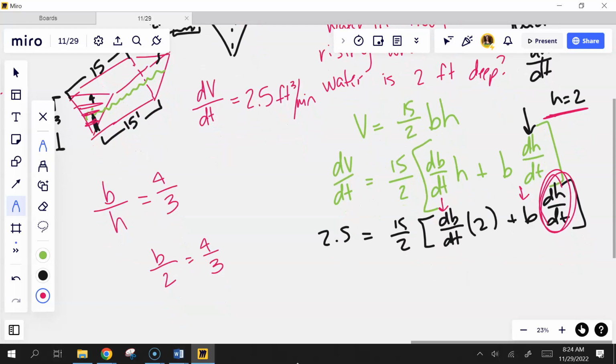I'm going to multiply by 2 and get 8/3. Okay, I'm going to plug that in for B. That's still not going to help me. I got to back up and punt. Do you see why?